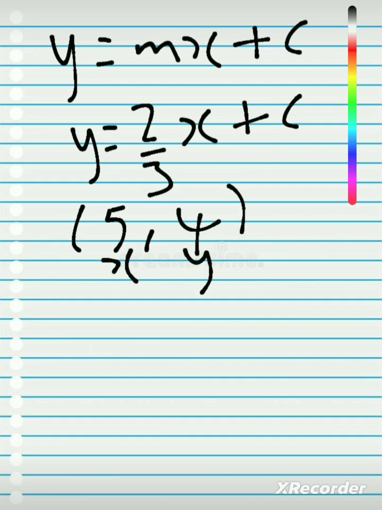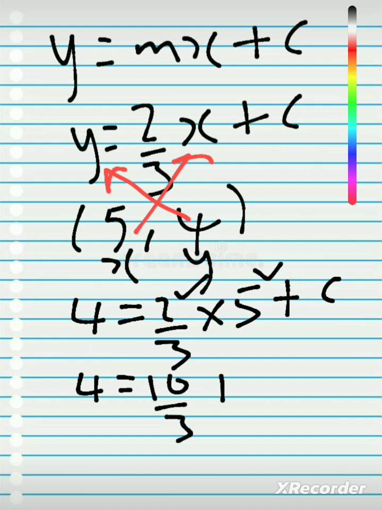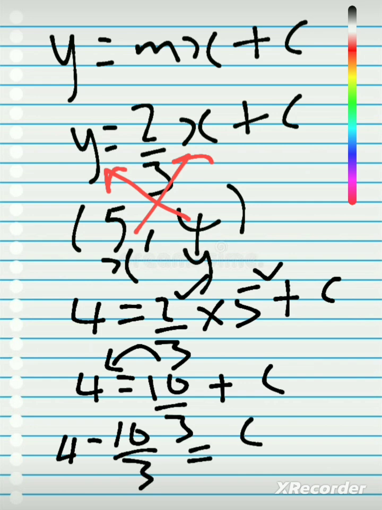So we can substitute. y goes here and x comes here. Okay, so it's going to be 4 equals 2 over 3 times 5 plus c. So it's going to be 4 equals 2 times 5, it's 10 over 3 plus c. We can take this side, it becomes 4 minus 10 over 3 equals c. Okay, so I'll continue it from here.